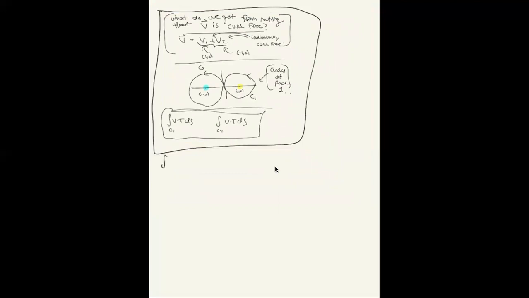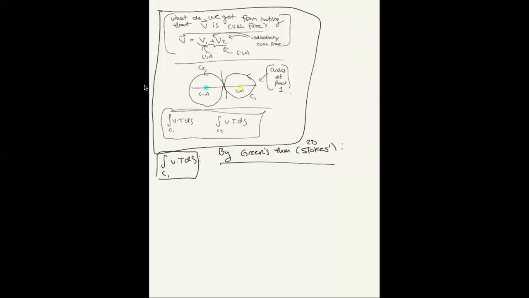So let's focus on the integral over C1 of v dot t ds. So I want to say the absolute worst thing you could do is you could say that by Green's theorem, which in my class we've called just 2D Stokes.